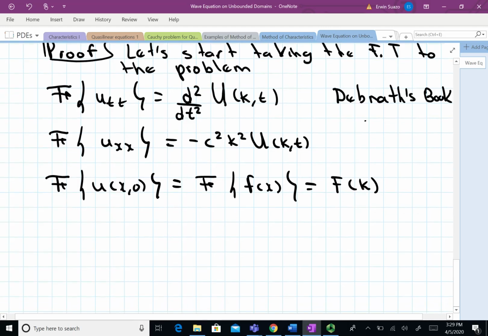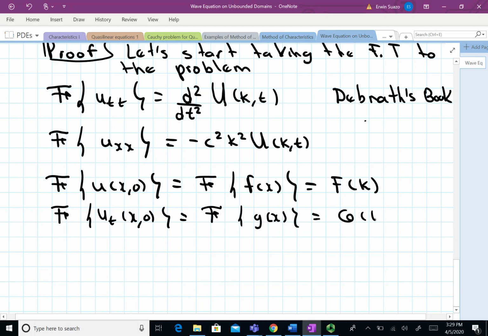Okay. And then the Fourier transform of u_t(x,0) with respect to time, and the Fourier transform here of g(x) is capital G(k). Okay, so when we plug this together, u_t equals c squared u_xx, right?